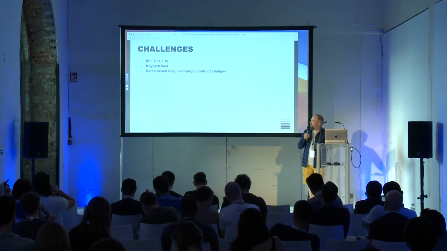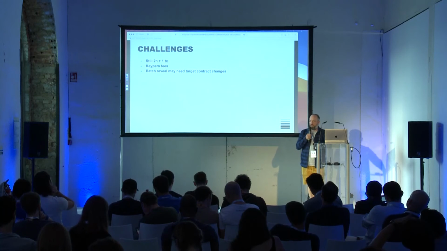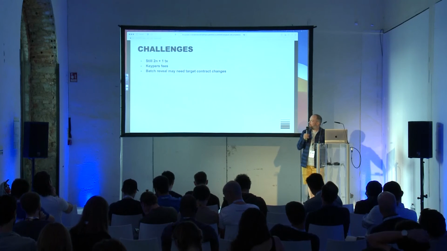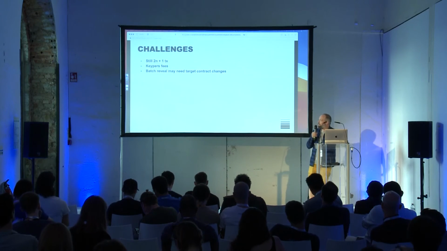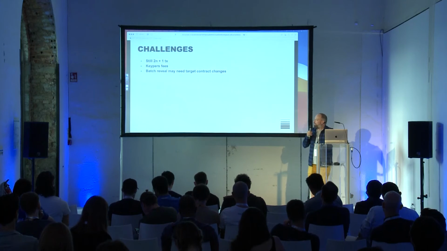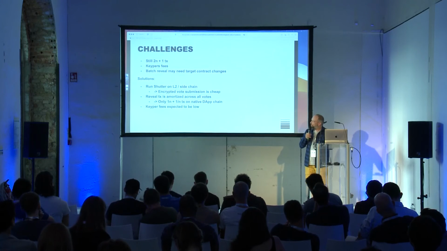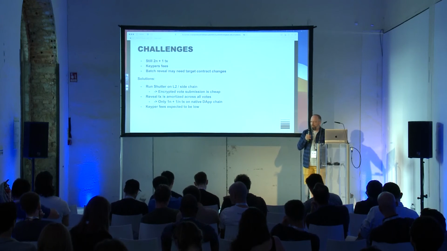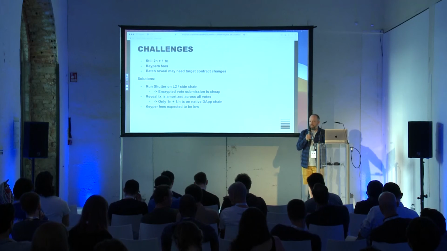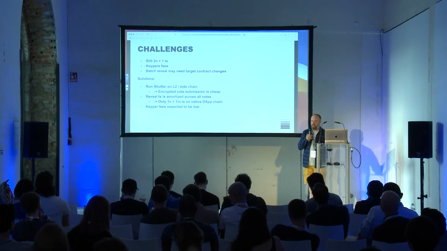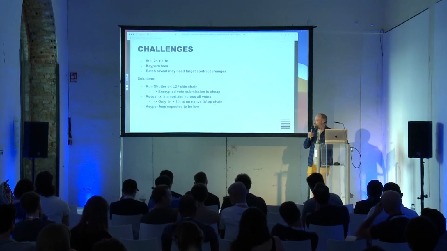So now you might say we still have 2 transactions per user plus 1 reveal transaction, so how is that better? And we still also have fees for the keepers. And also the batch reveal may need changes to the target contract, but it's not a big deal in our opinion. So the solution is Shutter can be run on an L2 or sidechain, because in this specific application, we don't actually need direct smart contract interaction between the executor contract and the target contract chain.